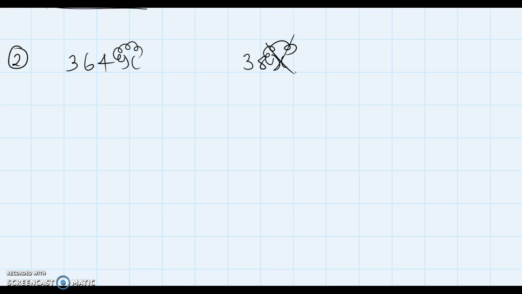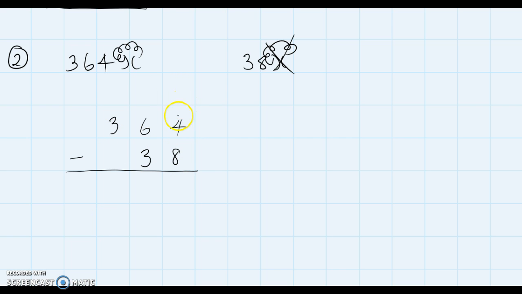Learning intention is to subtract using the algorithm. So we have to make sure 364 take away 38. Okay, it's very important that we put all our numbers in their place value.